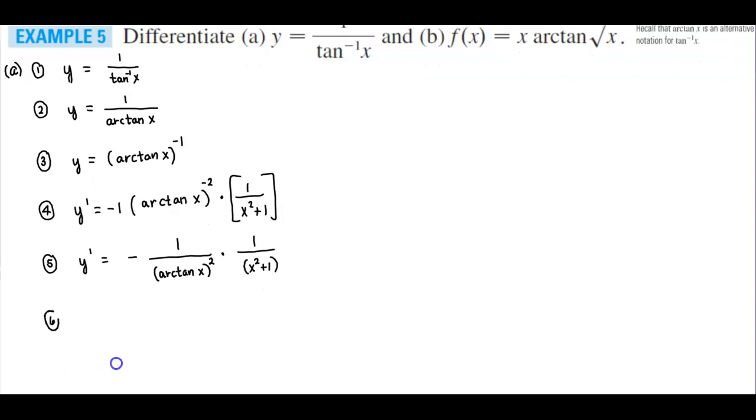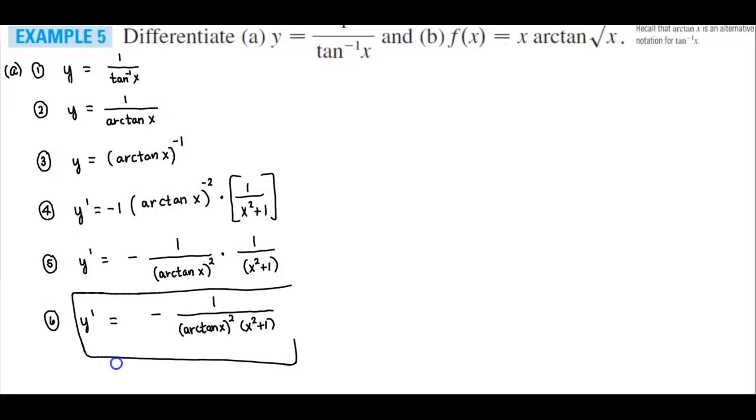And so therefore our result is the following. Y prime is going to equal, that's negative 1 times 1, so it's 1 in the numerator. In the denominator we have arctangent of x squared times x squared plus 1. And therefore there is our result. That represents part A.